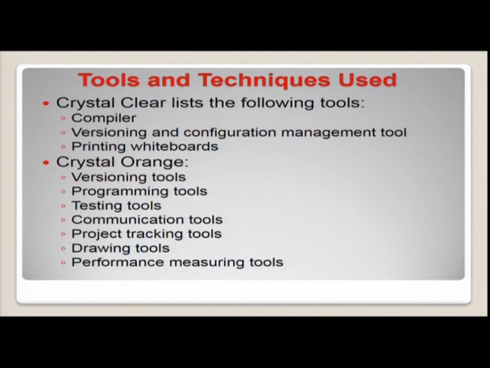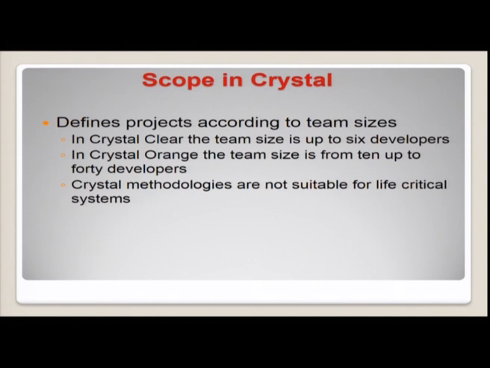Then next, let us see the scope in this Crystal method. As far as the scope is concerned, it defines the project according to the team sizes. In the case of Crystal Clear, the team size will be between 1 and 6, as we said. In Crystal Orange, the team size will be 10 to 40. The Crystal methodologies are not mainly suitable for life critical systems.